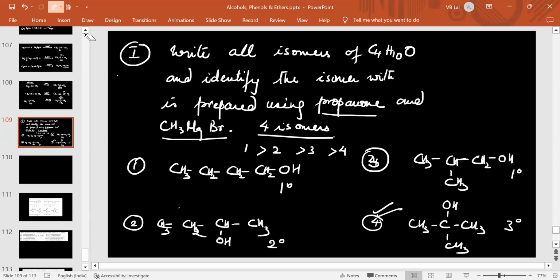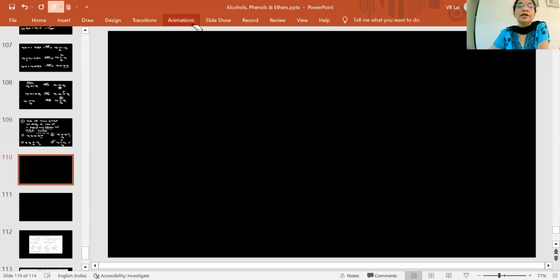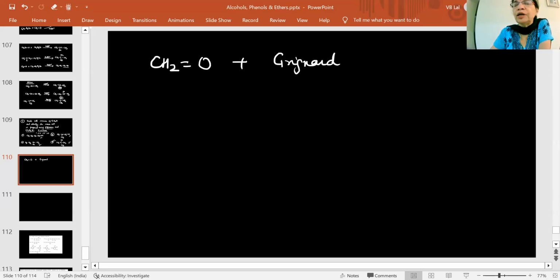Now let us quickly revise the rules of Grignard reagent that we have learned. If you have to prepare a primary alcohol, you take CH2O, that is methanal, plus Grignard reagent, any Grignard reagent depending on the product that you want.